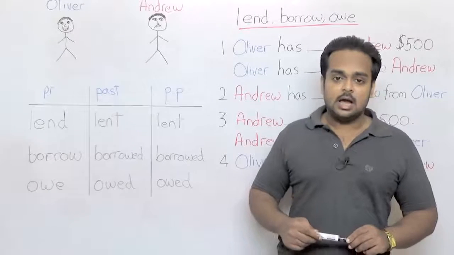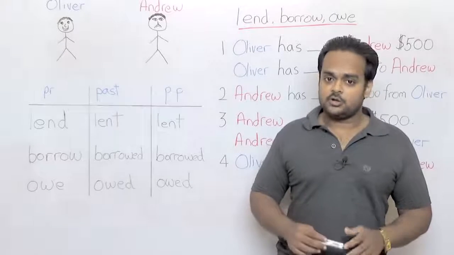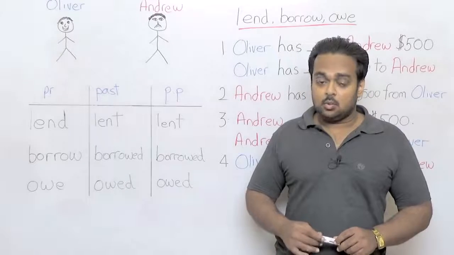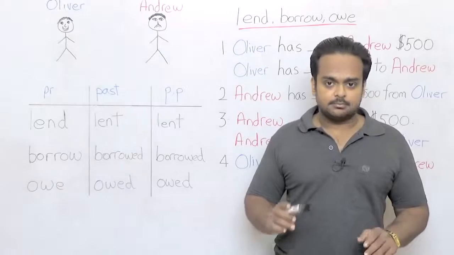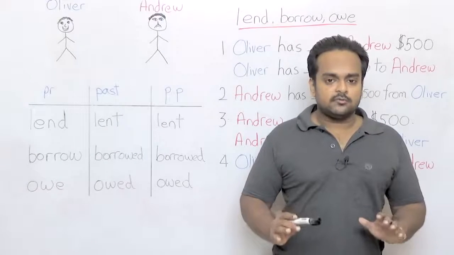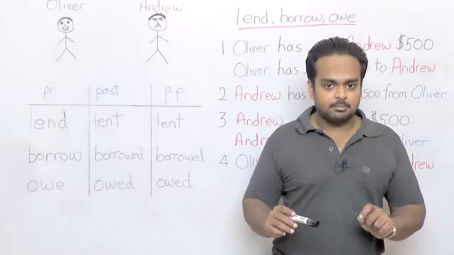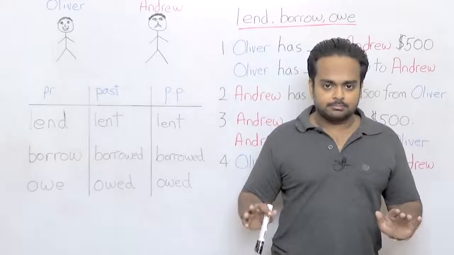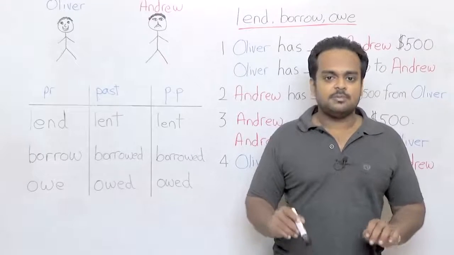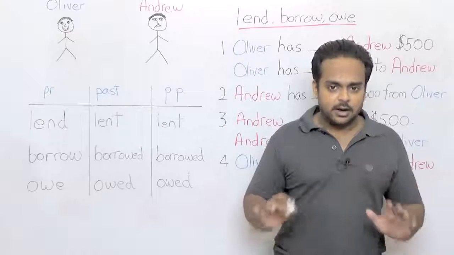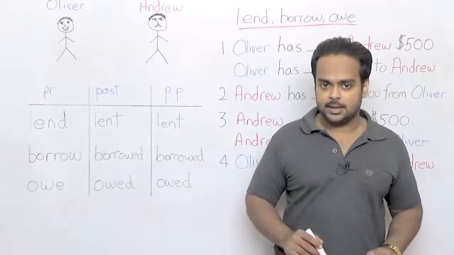And Andrew says, "I need $500." So Oliver replies, "Well, that's a lot of money, but I'll tell you what, I will give you $500, but only if you promise to repay the money back to me." And Andrew says, "No problem. I promise if you give me $500 today, I will repay the entire amount in 2 weeks' time."